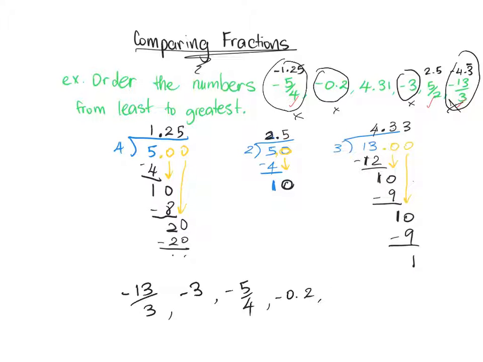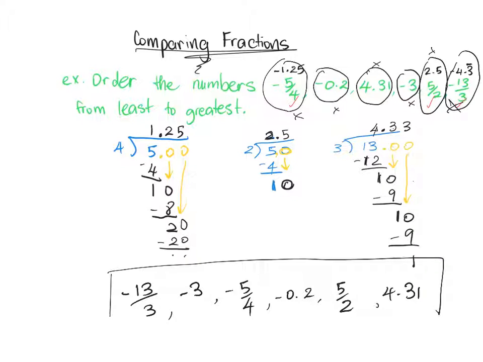And so the smaller of the two positive numbers is this guy right here, which is 5 over 2. And then finally, our last number here is 4.31. So now we have arranged our numbers from least to greatest.